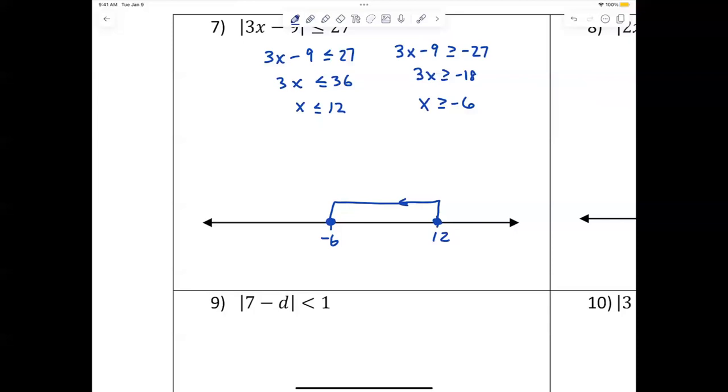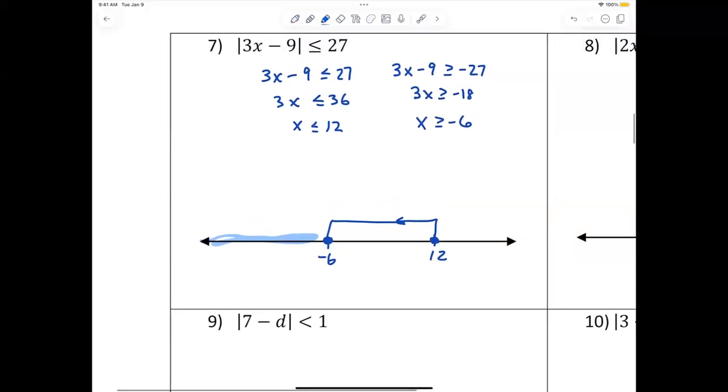Because the numbers over here, if I take the absolute value of it, it's not going to be less than 27. Only the numbers in between here satisfy that inequality. All right, so let me just make sure you're hearing me. If I plug 0 in, 3 times 0 is 0, right? 0 minus 9 is -9. Absolute value of -9 is 9. 9 is less than 27.